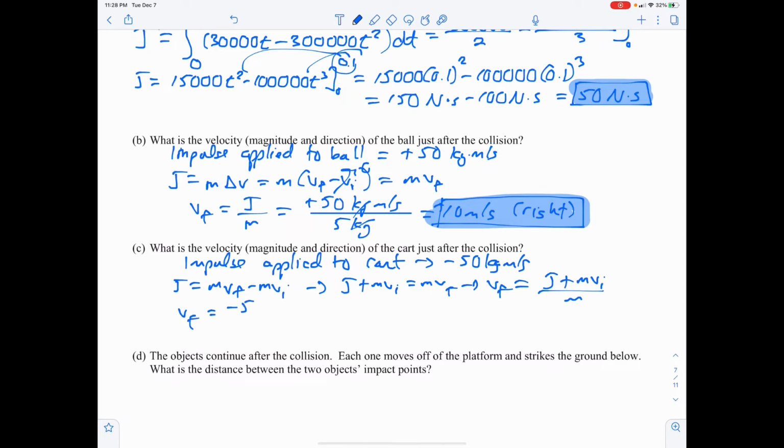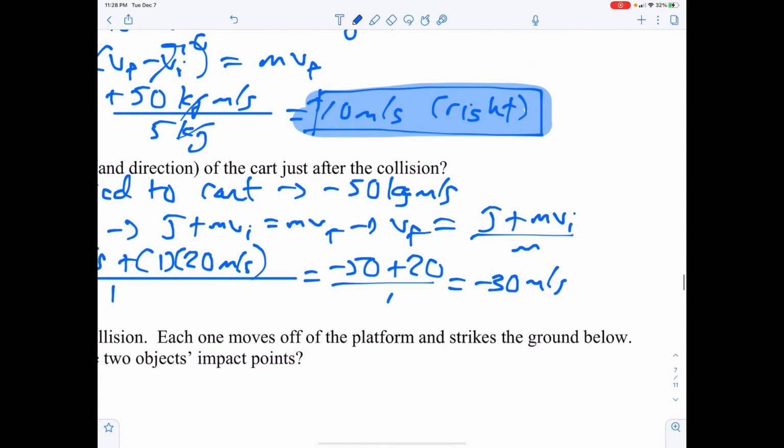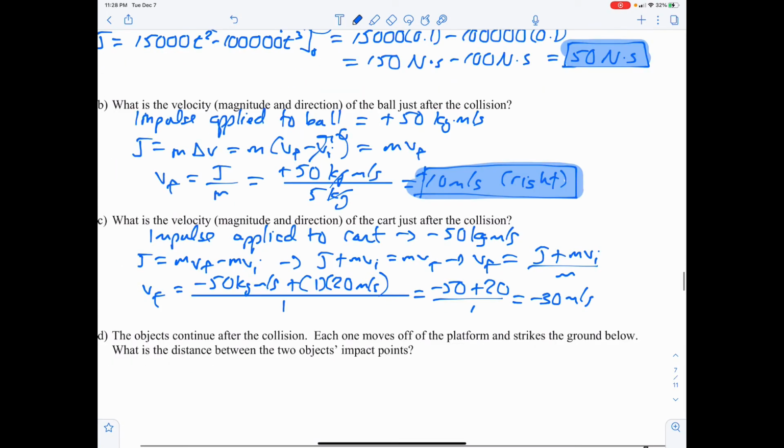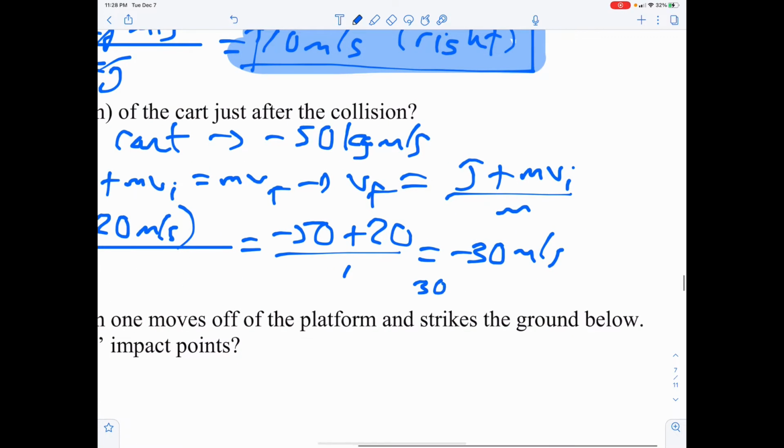So it's going to be negative 50 kilogram meters per second, plus the cart was 1 kilogram and its initial velocity was 20 meters per second, and all that is going to be divided by its mass of 1 kilogram. So we get negative 50 plus 20 divided by 1, or negative 30 meters per second. Now, the way we could write that in terms of the velocity, magnitude, and direction would be 30 meters per second to the left. There's your direction, there's your magnitude.